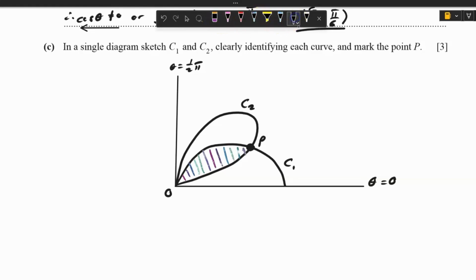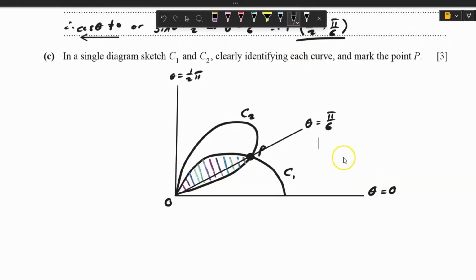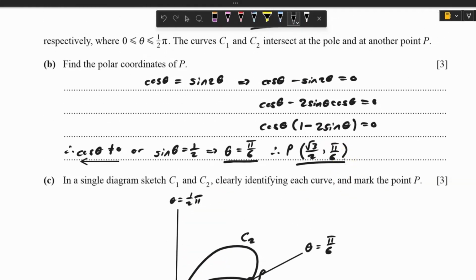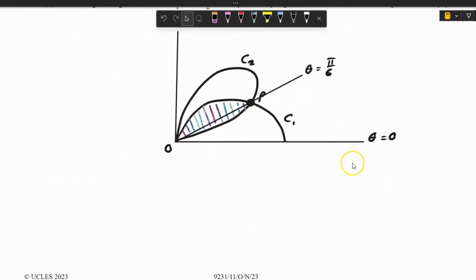Now we know that if I draw a line that passes through P from O, this line is the line theta is equal to pi over 6, because that's what we got on part B. So to get the required area, we can start by finding this area here, which is the area that is enclosed by C2 between theta equal to 0 and pi over 6.